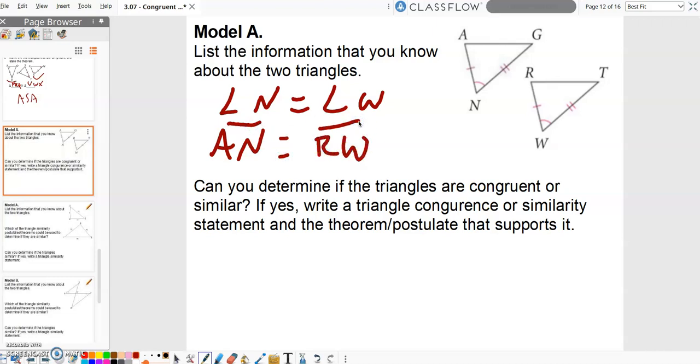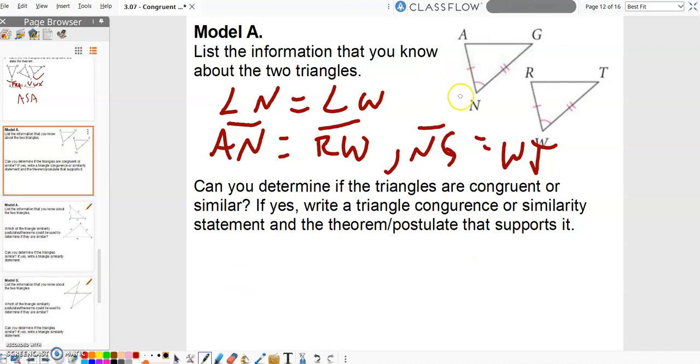And finally, NG is equal to WT. So can you determine the triangles are congruent or similar? If yes, write a triangle congruent or similarity statement and write the theorem or postulate that supports it.